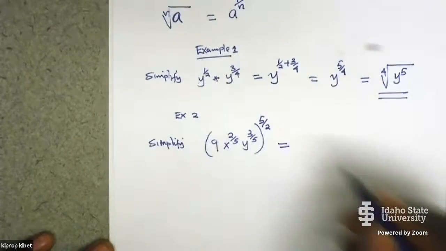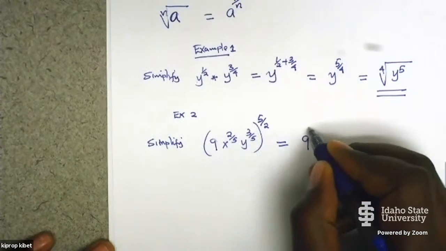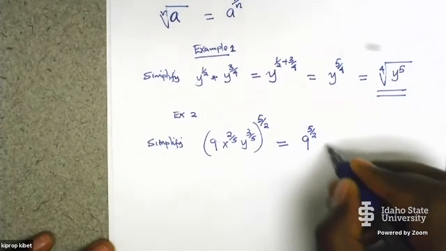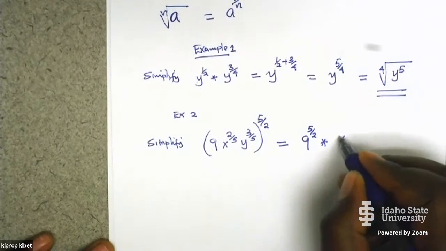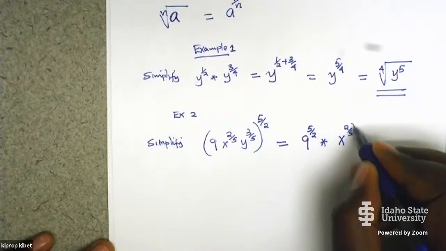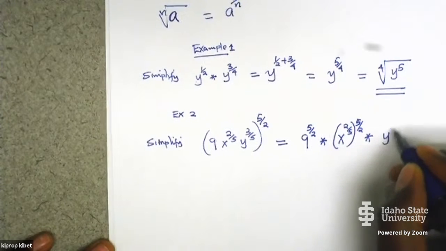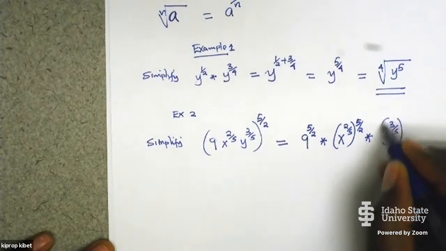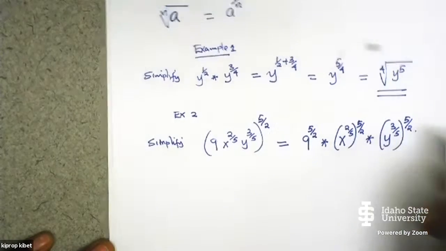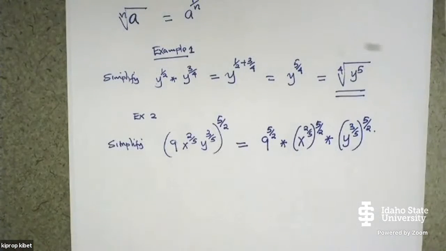So this is equal to 9 raised to 5/2 multiplied by x raised to 2/5 raised to 5/2, multiplied by y raised to 3/5 raised to 5/2. So you do it in each one of them. Some of you are ignoring that constant there. You also need to raise it by the power.